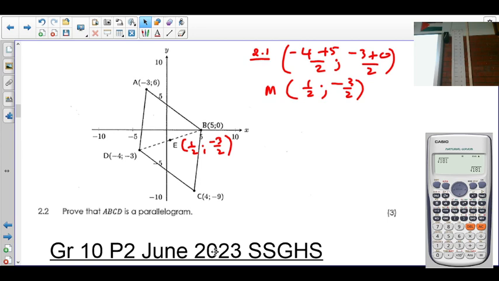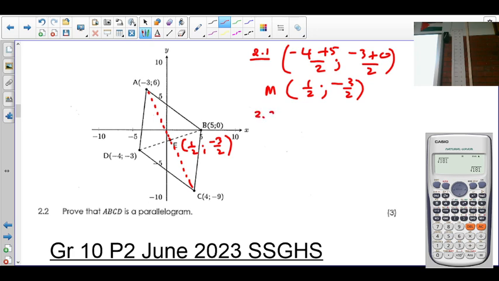So if I look at what I have already, what do I have? I have the midpoint of line BD. So if I can go with the midpoint of line AC, and I find it to be the same as E, then it has to be a parallelogram. Why? Because then the diagonals bisect each other, cut each other in half.